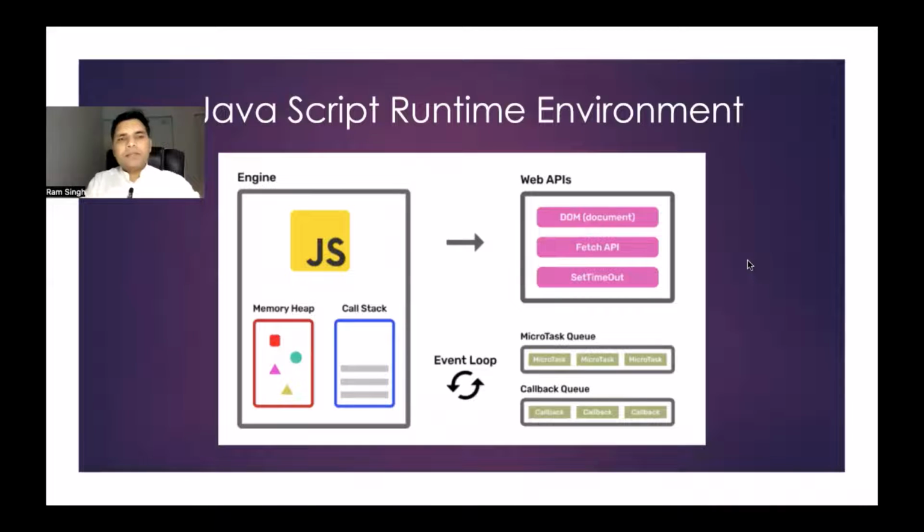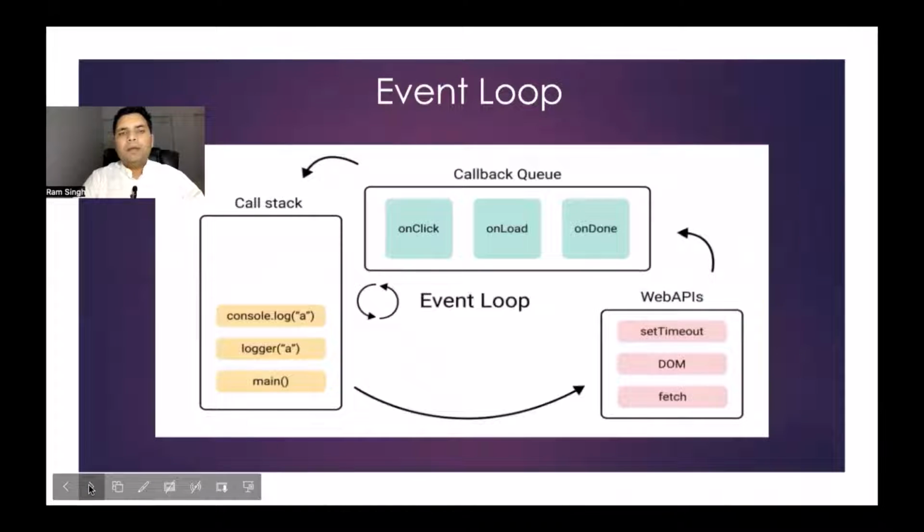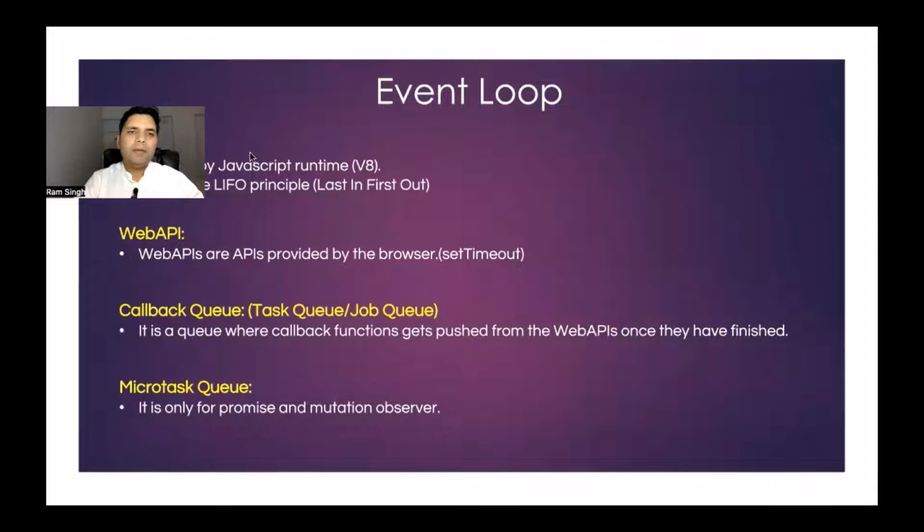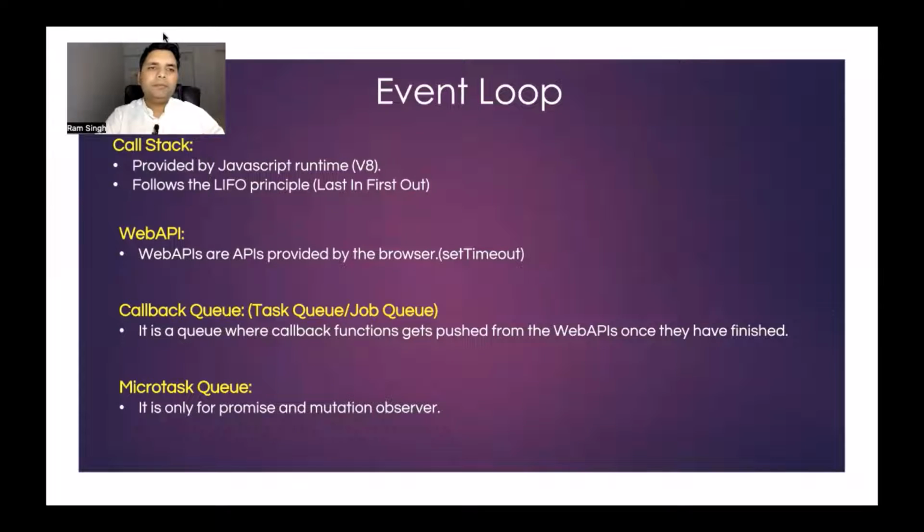Okay. So the next thing to talk about in the JavaScript runtime environment is the event loop. The event loop mainly consists of your call stack, callback queue, and web APIs. The call stack I have already talked about. Next is web APIs.